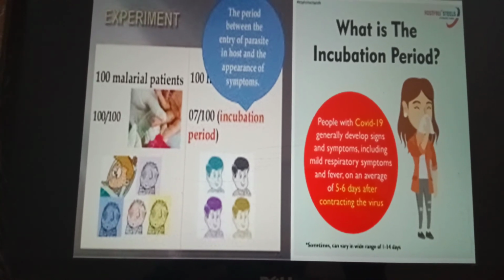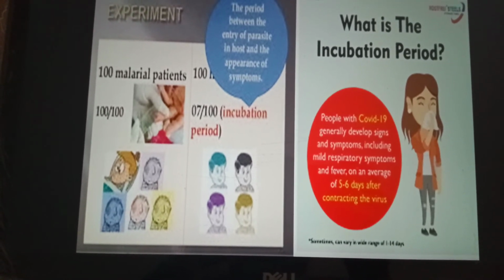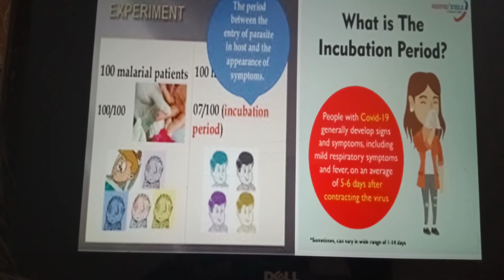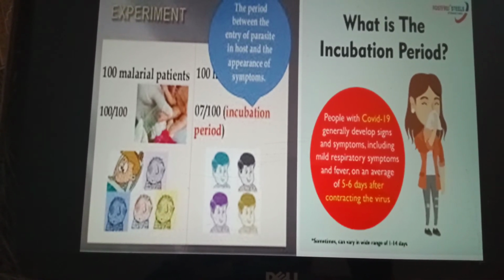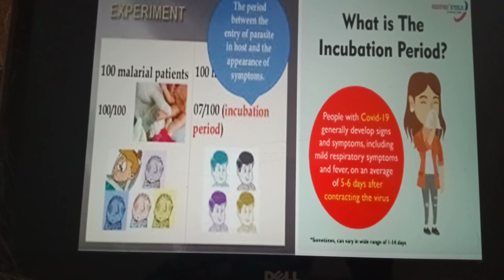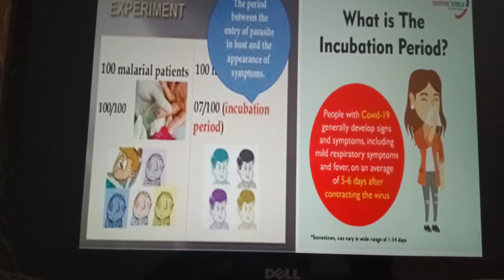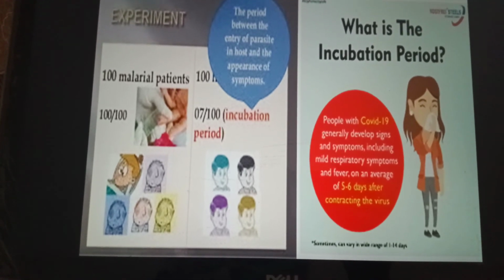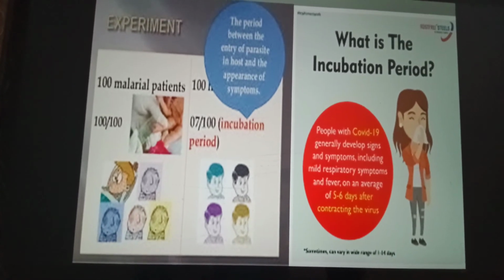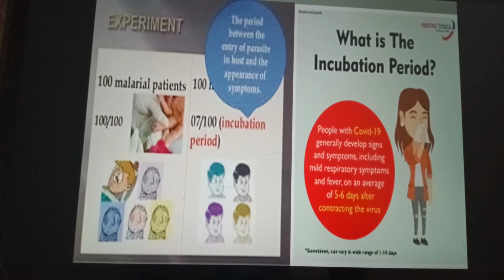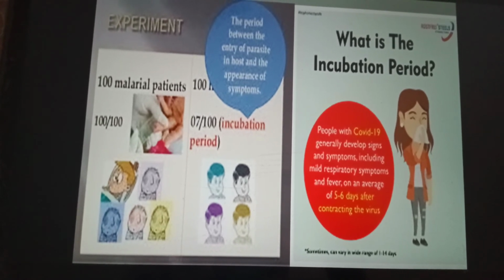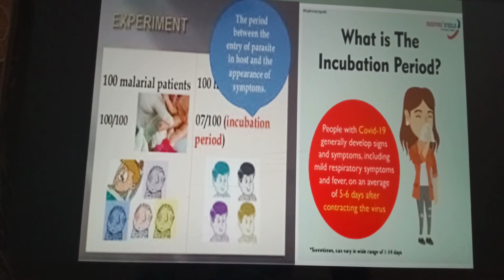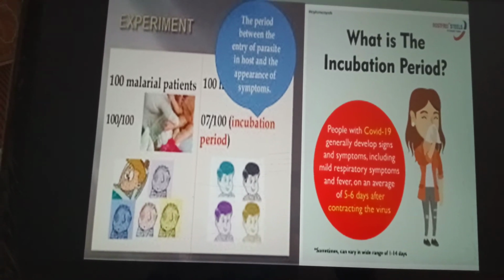Nowadays, people with COVID-19 generally develop signs and symptoms, including mild respiratory symptoms and fever, on an average of 5 to 6 days after contracting the virus. So it is the incubation period. The results were quite convincing and proved that the hypothesis, Plasmodium is the cause of malaria, was true.